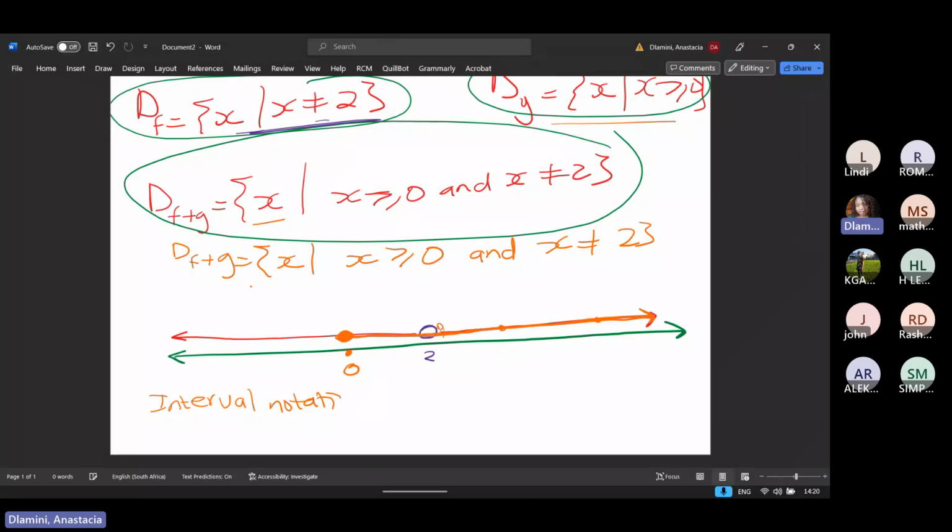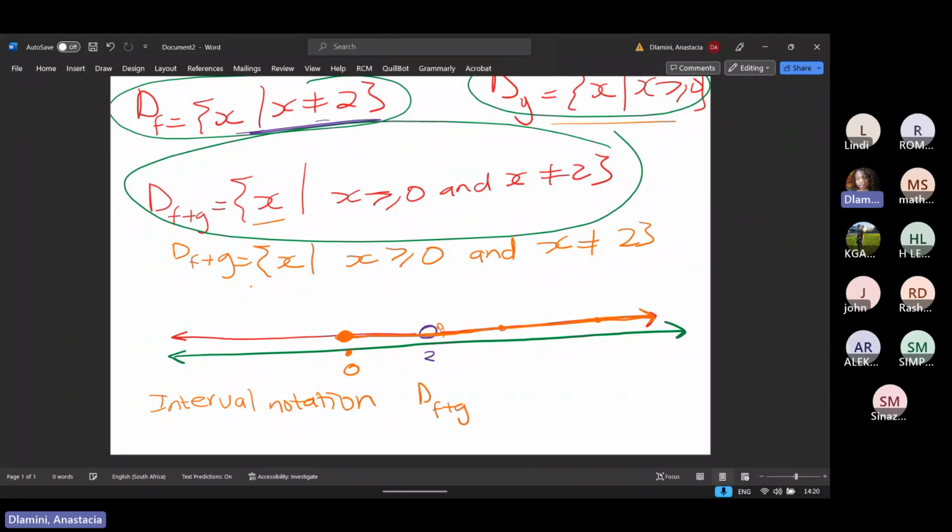Can someone help me by looking at that number line? What will be the domain of f plus g in interval notation? Yes, please. From negative infinity. Close bracket, what?